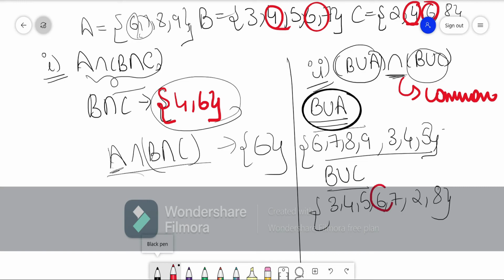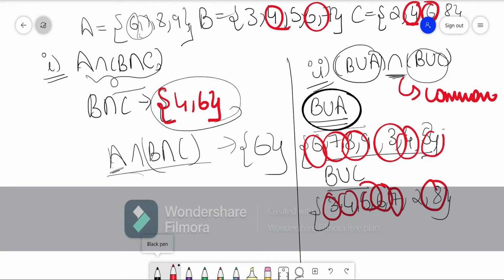Yes. Is 7 common? Yes. Is 8 common? Yes. Is 9 common? No. Is 3 common? Yes. 4? Yes. 5? Yes. Except for 9 and 2, we are going to write everything in the set.